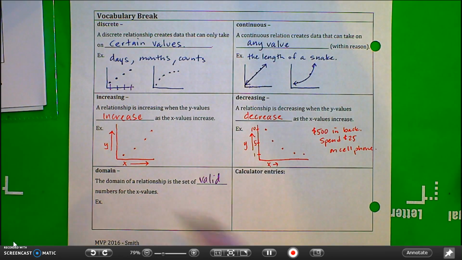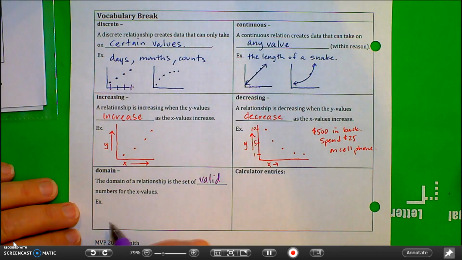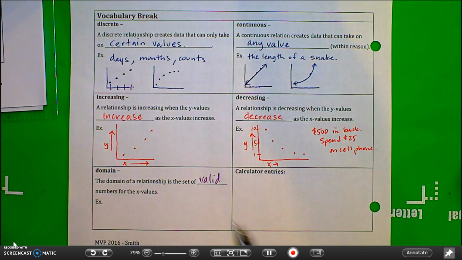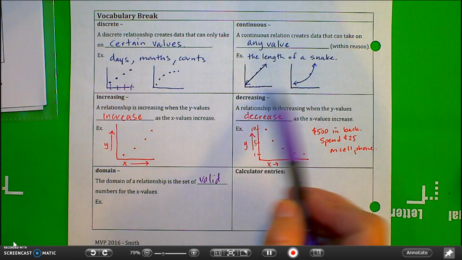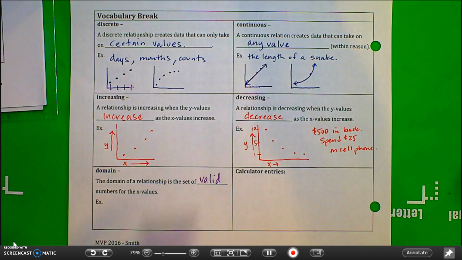So a domain of a relationship is a set of the valid numbers for that, and the domain is not always all real numbers. The domain could be a set of valid numbers.